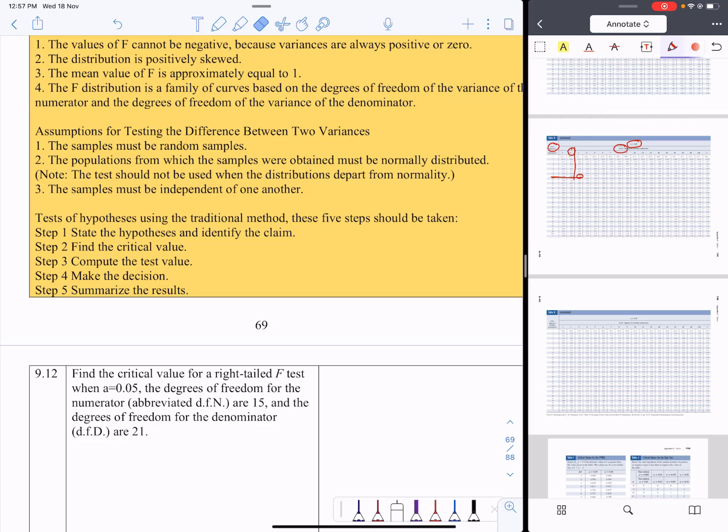Now we move to another type of statistical analysis. It involves the chi-square, or in the question itself it gives you data about the variance or the standard deviation. Then you directly know what type of statistical analysis you will do. But please bear in mind, for two variances, two means, two proportions, they're different from the hypothesis testing before this.